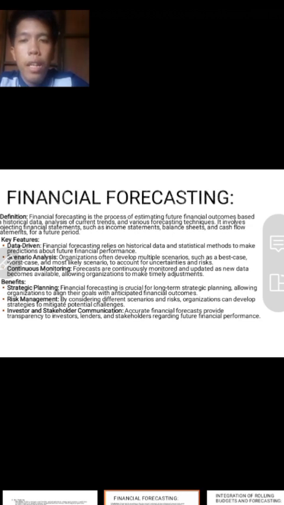Next, key features. Data driven. Financial forecasting relies on historical data and statistical methods to make predictions about future financial performance. So, ang key feature ang data driven, ang strategic decisions are based on the analysis and interpretation of data.